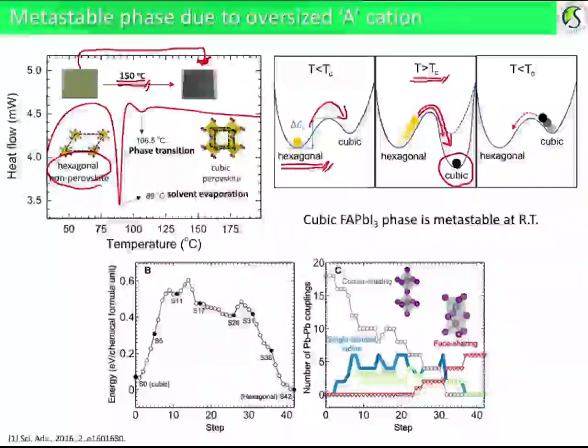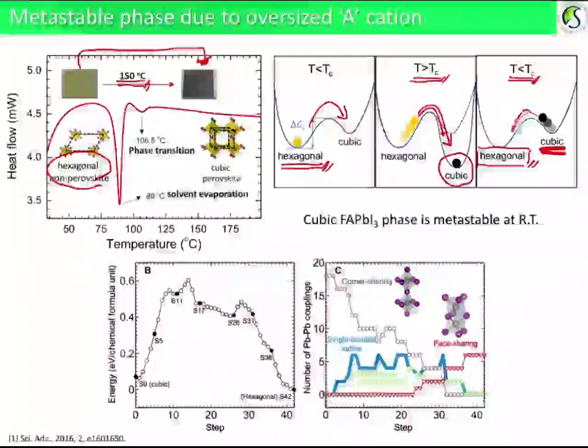But for this formamidinium perovskite, because of such a metastable perovskite phase at room temperature, the hexagonal non-perovskite phase was still found to be more stable than the cubic perovskite phase. So it can easily convert back to the non-perovskite phase.